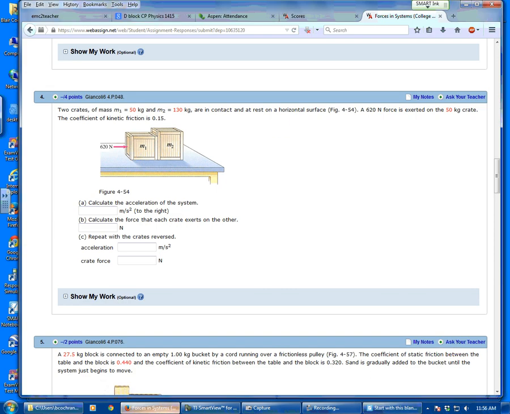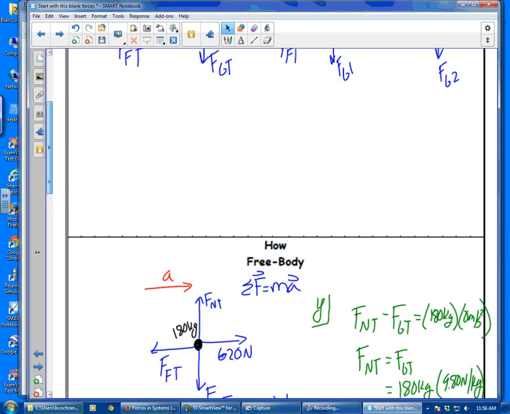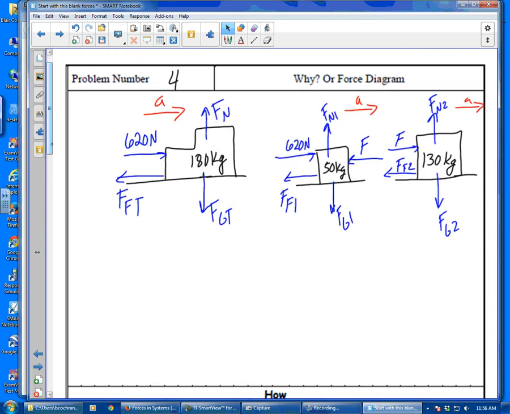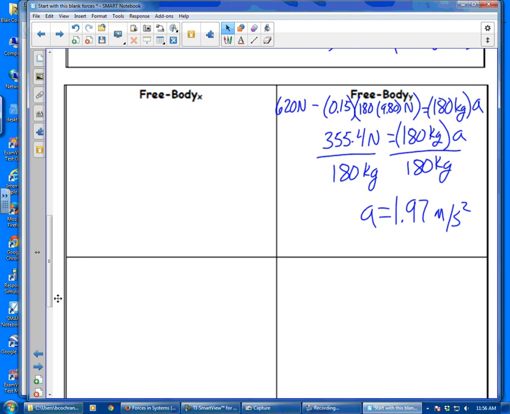Calculate the force each crate exerts on the other. So that's the force F that we diagrammed up here. Way back up here. Well, I need to figure out what I'm doing. Hold on. I think I'll use the 130 kilogram crate next, because that seems to have less forces on it. So I'm going to use the 130 kilogram crate to find the next one.